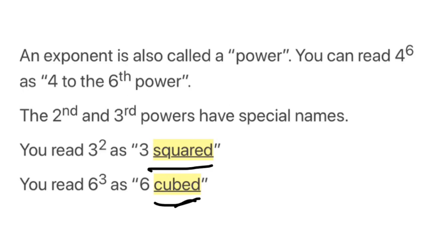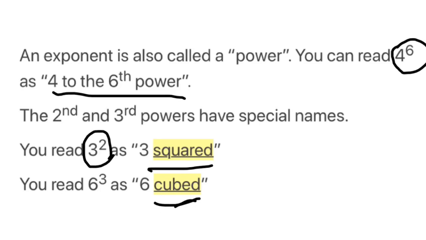So when we read this exponent, we read it as 4 to the 6th power. The second and third powers have special names. So whenever you see something to the second power, like this exponent, you read it as 3 squared. The special name for the exponent of 2 is squared.